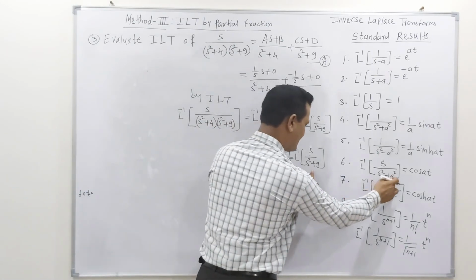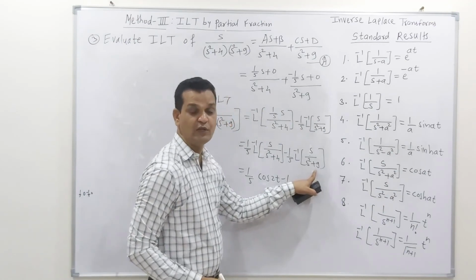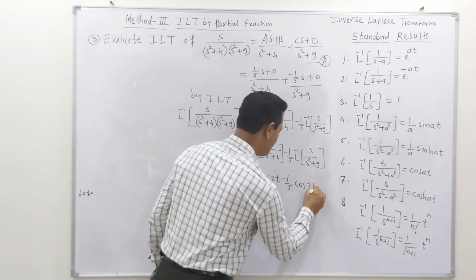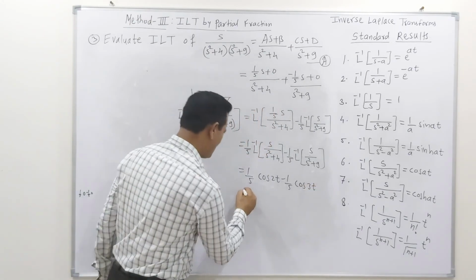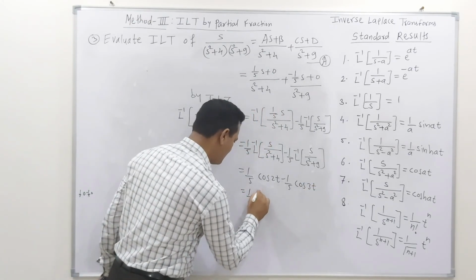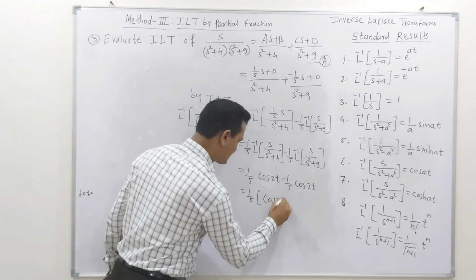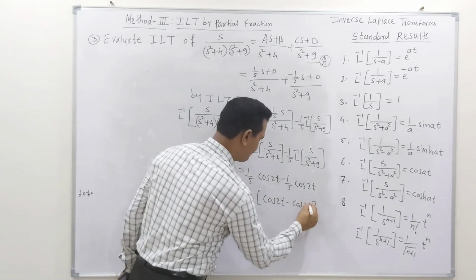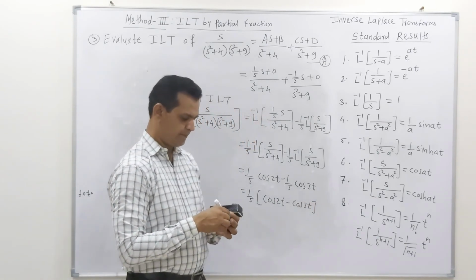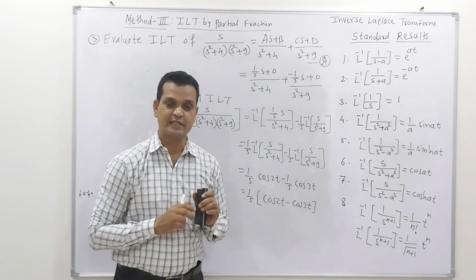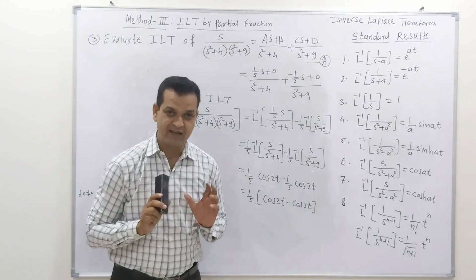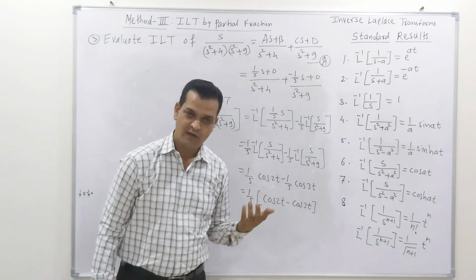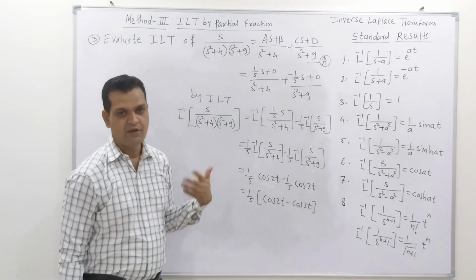The same result is applicable here, but the value of a is 3, so cos of 3t. After taking 1 upon 5 common, we get cos of 2t minus cos of 3t. Friends, we solved only 3 examples, but all these 3 examples are critical and based on the third method for finding the inverse Laplace transformation by partial fraction.